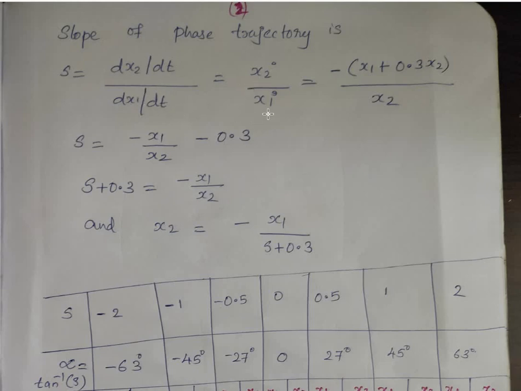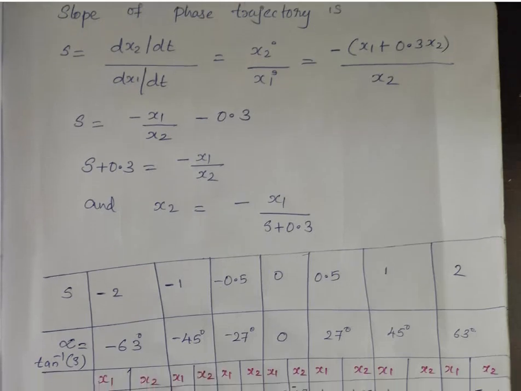Substitute the equations. Then we get S is equal to minus x1 by x2 minus 0.3. Now from this equation we can get an equation for x2 in terms of S and x1. So the equation for x2 is minus x1 divided by S plus 0.3.